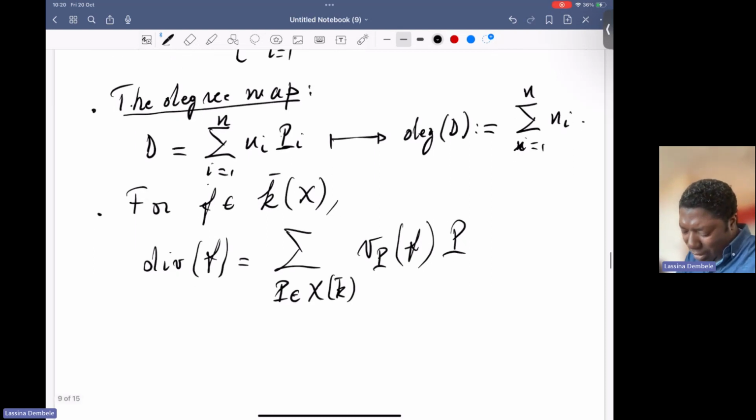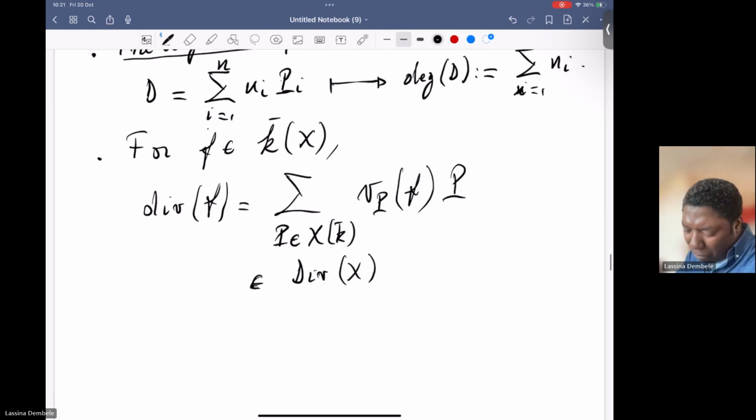One can show that this is an element in Div(X), because a rational function has finitely many zeros and finitely many poles.